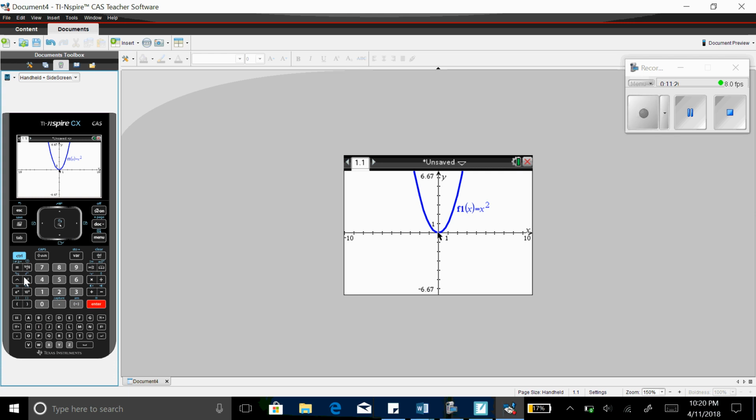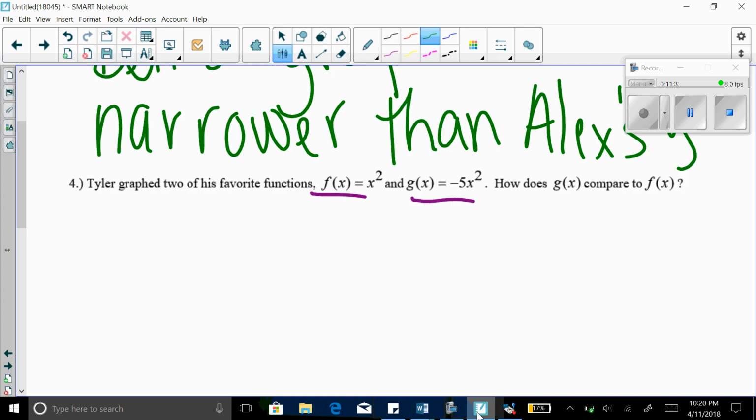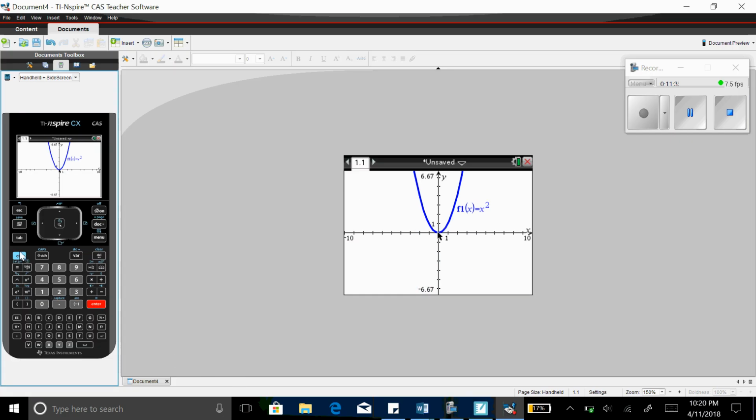There's our parent function. Now we're going to put in negative 5x squared. So hit tab, type negative 5x squared, enter. So we want to know, how does the red graph compare to the blue graph?